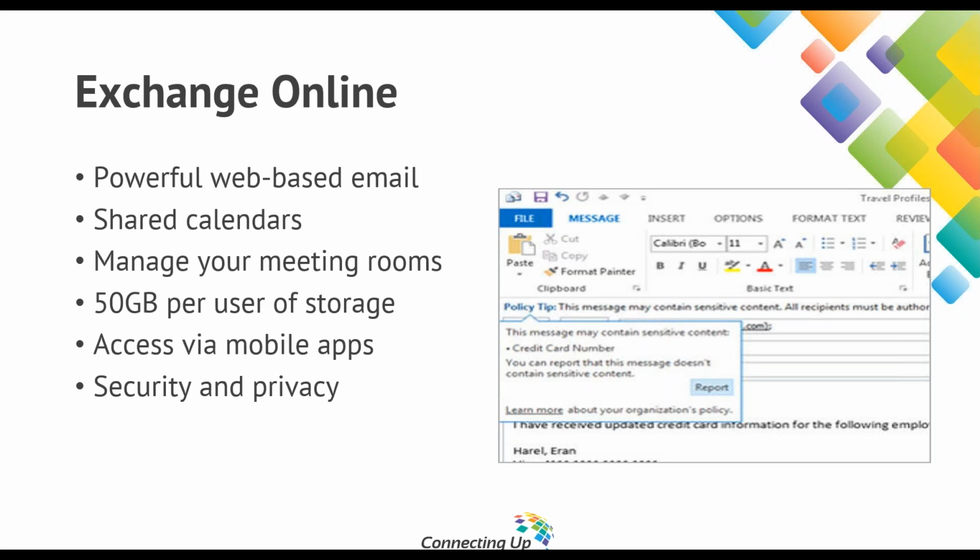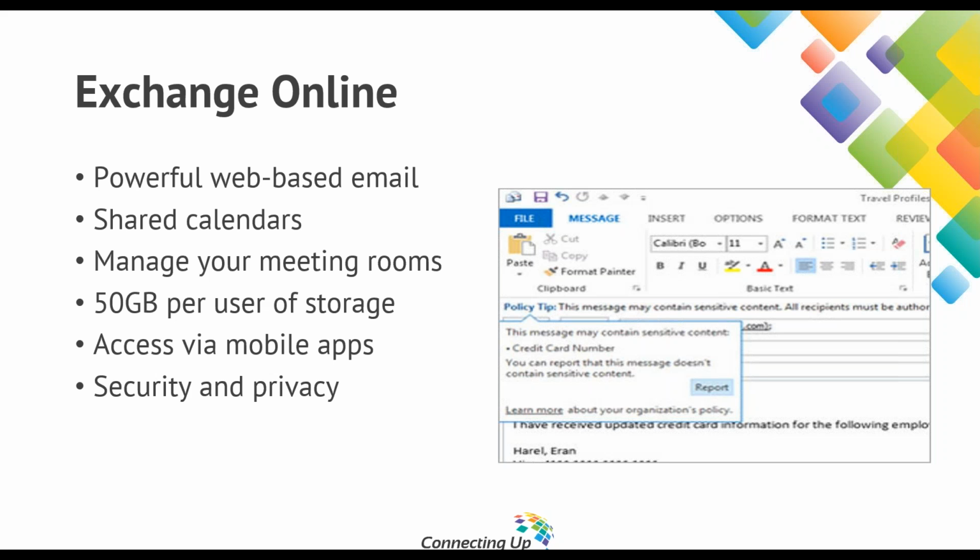You get access to your Exchange email via mobile apps. If you've got an iPhone, you can download the Outlook mobile app because it's actually a really good email and calendar app these days. Microsoft basically just went and bought the best email program for mobile devices and rebadged it Outlook and continue to develop it.